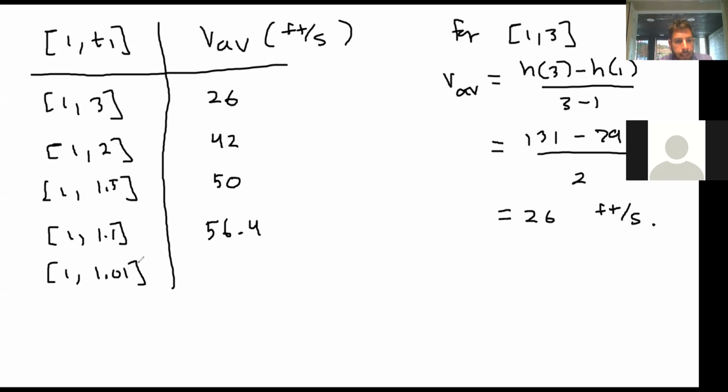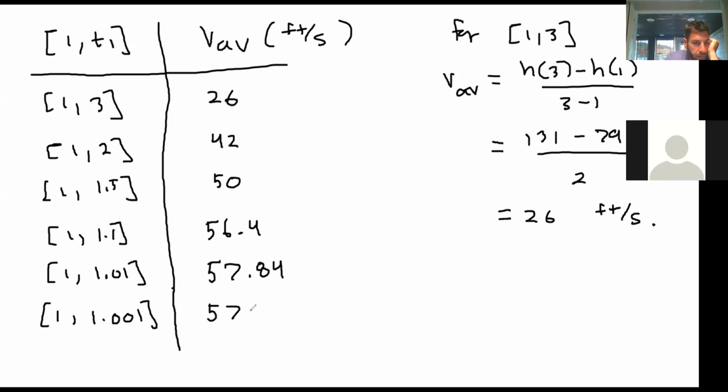When I do that one, I obtain 57.84. Then for fun, let's keep it going. What if I did 1.001? Now what I'm seeing is a pattern. Now I get 57.984.